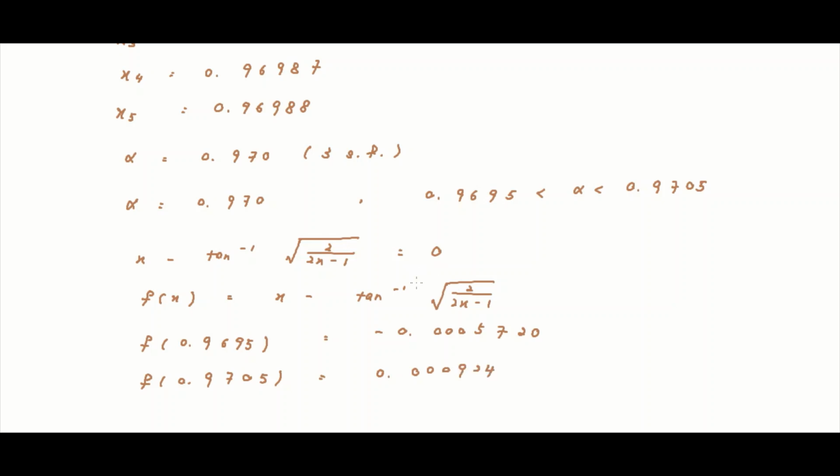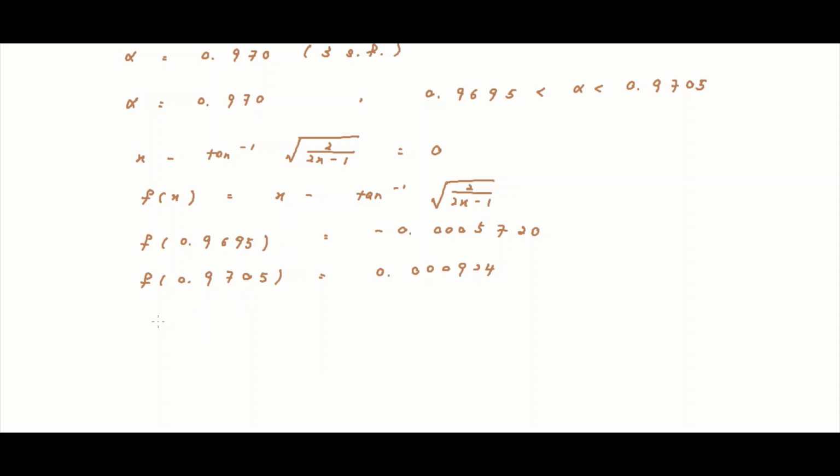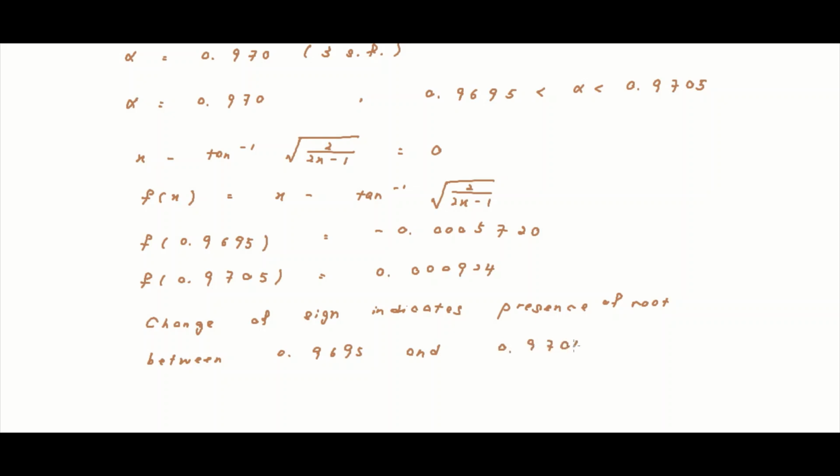As you can see, you get a different sign here. So the change of sign indicates presence of a root between 0.9695 and 0.9705. That's why any number in this interval will give you the same answer when you round it off to 3 significant figures, which is 0.970.